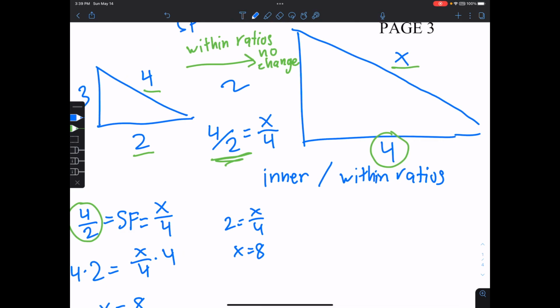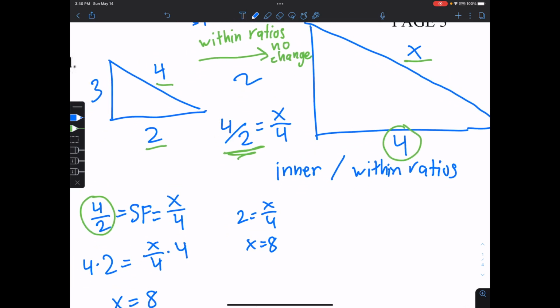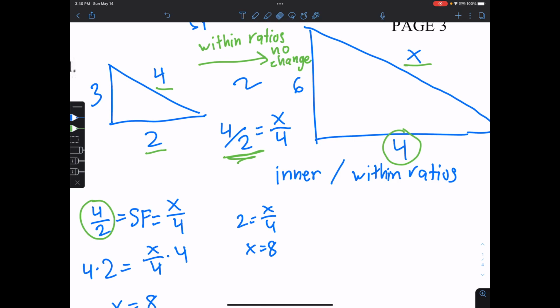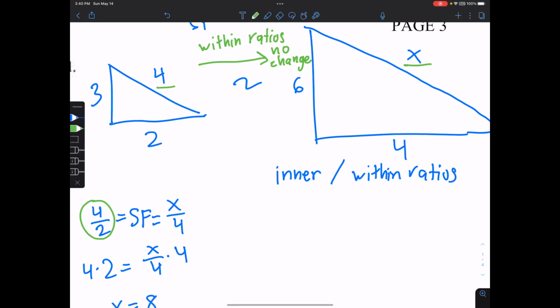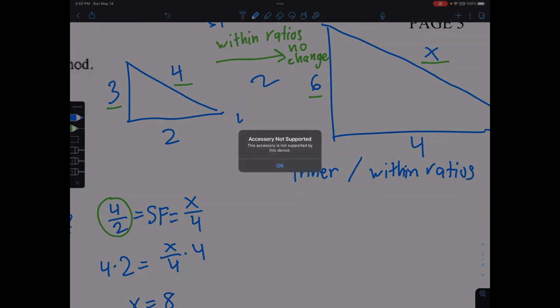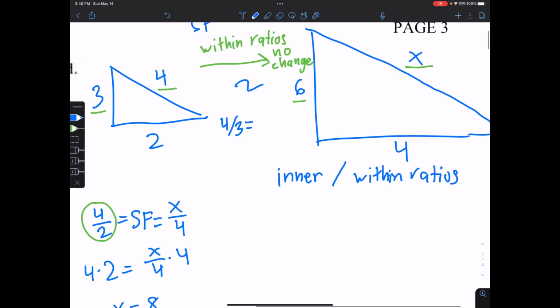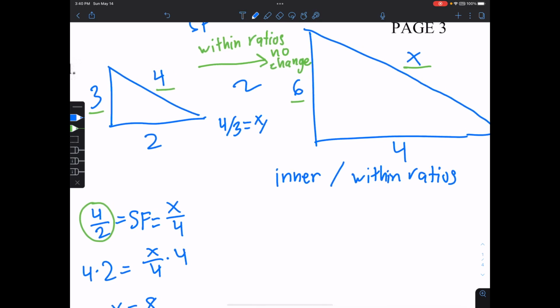Of course, these numbers are kind of bad because both our scale factor and the within ratio I was using were 2. But let's say we looked at not 2 and 4, but at 4 and 3, and x and 6. The within ratio between 4 and 3 will be equal to the within ratio between x and 6.